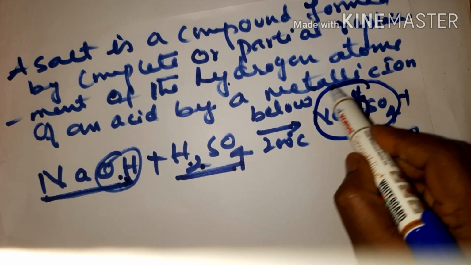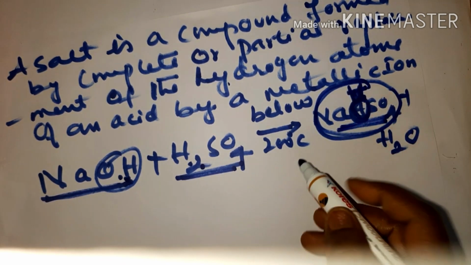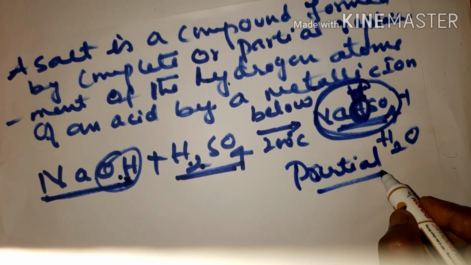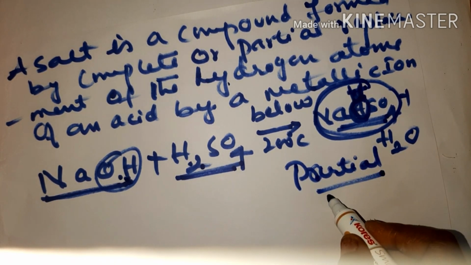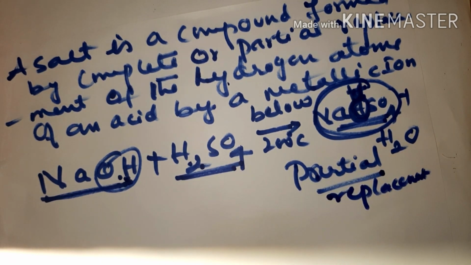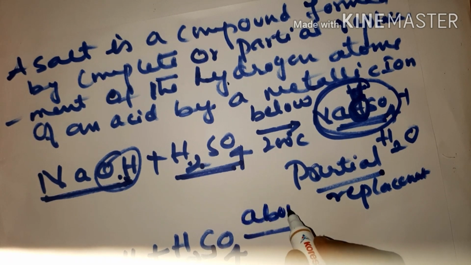Here you can see H has remained in the salt. So this we call partial replacement.